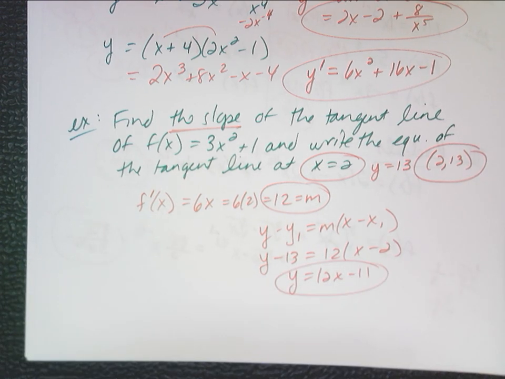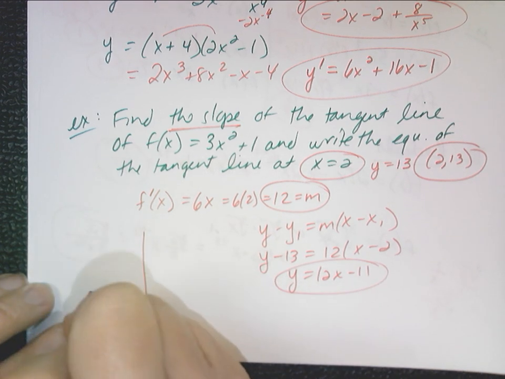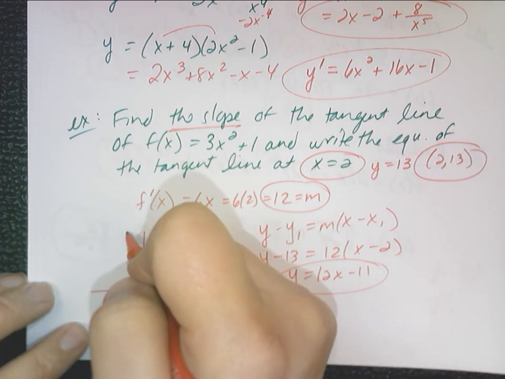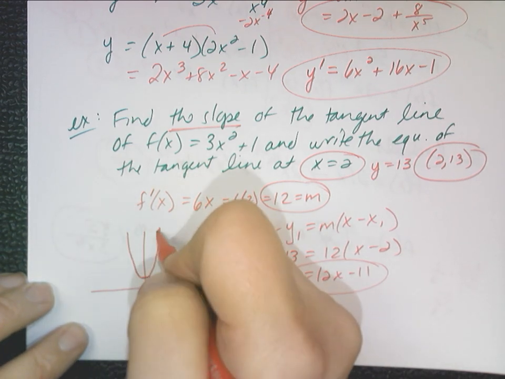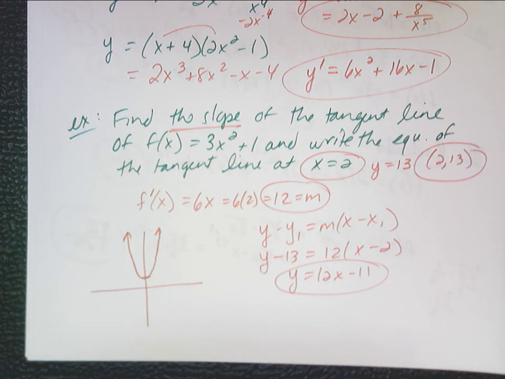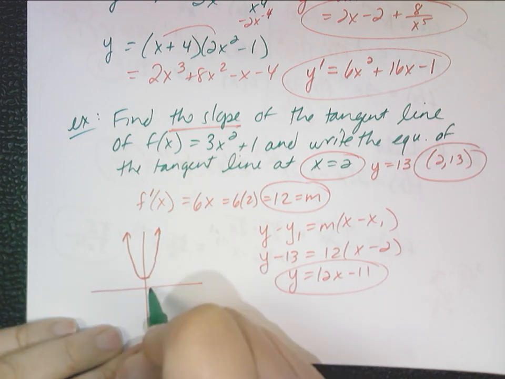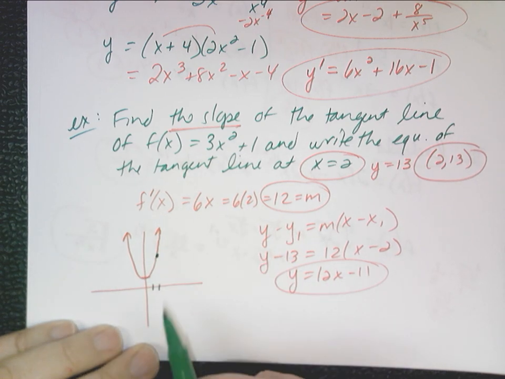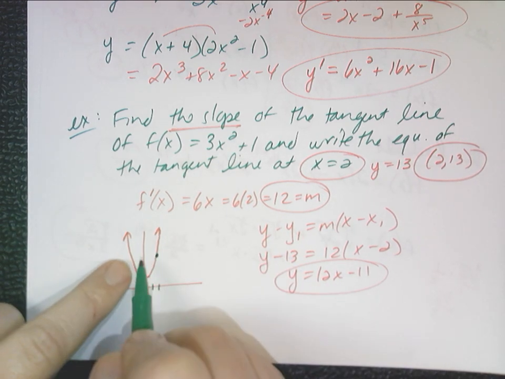For those who need the visual, because I think it's important that you understand the visual part of this. Okay? You have a quadratic that's shifted up 1. It's kind of skinny. Okay? Are you with me so far, right? At the point 2, which is right here, that y value is what?